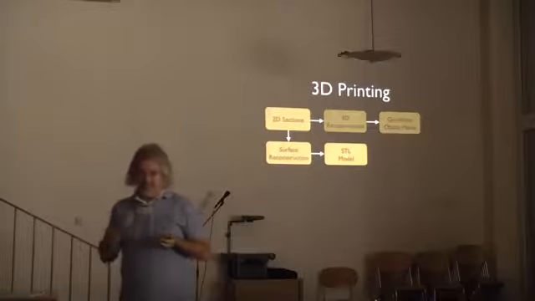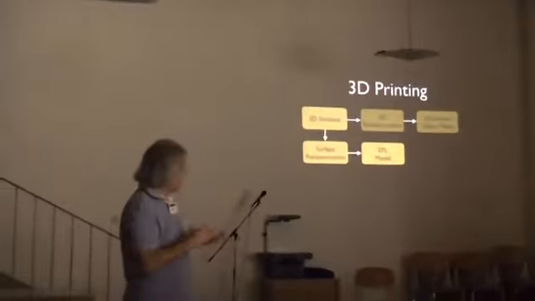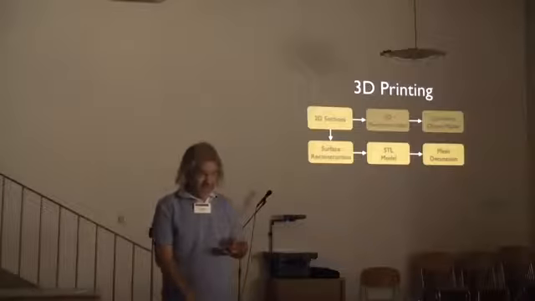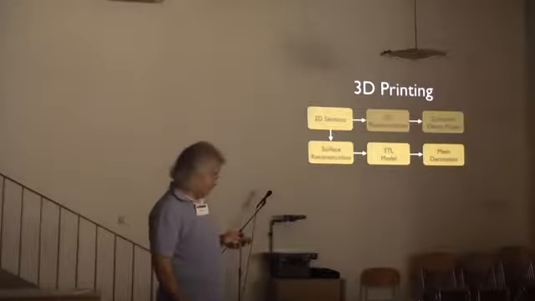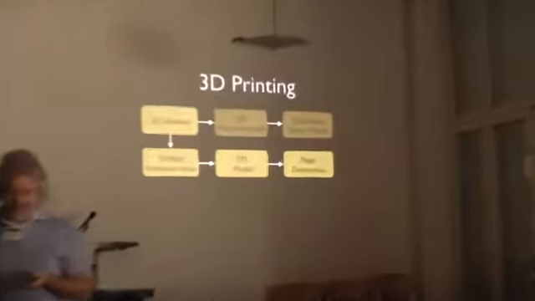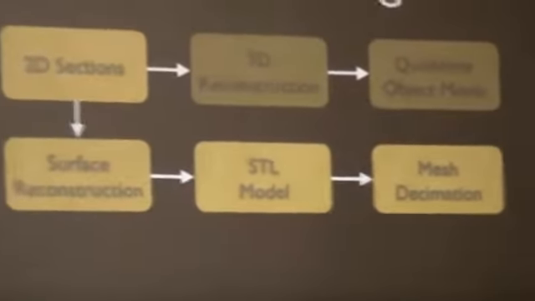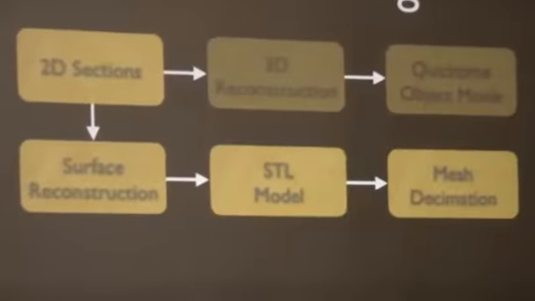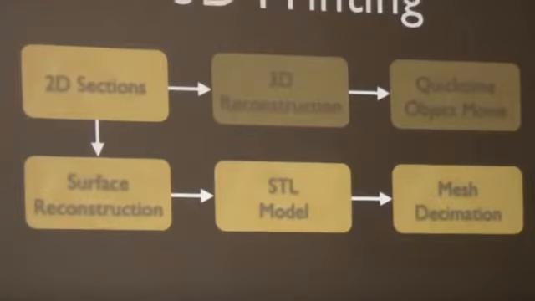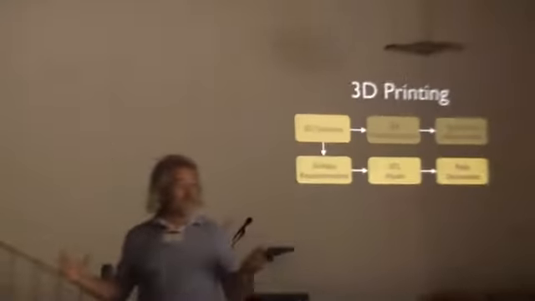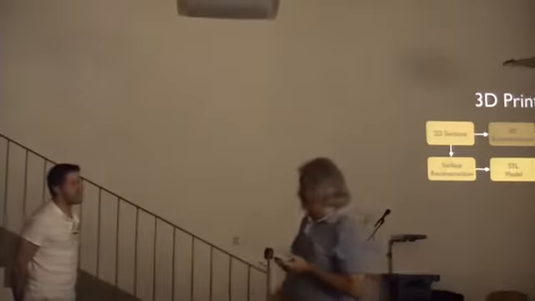And because we've got relatively high resolution, it actually gets quite large. So we have another step which we call mesh decimation, or we call it simplification. It just means reducing the number of faces on the model so we get down to something more manageable, but that still looks good. And then I end up with an STL model, which I ship to him, and he starts talking.